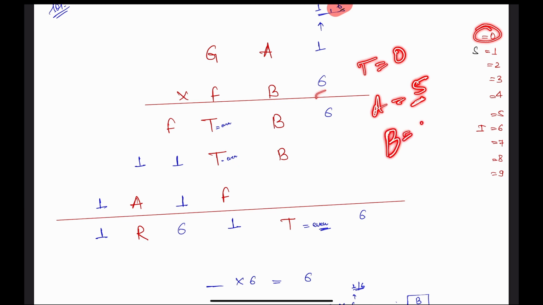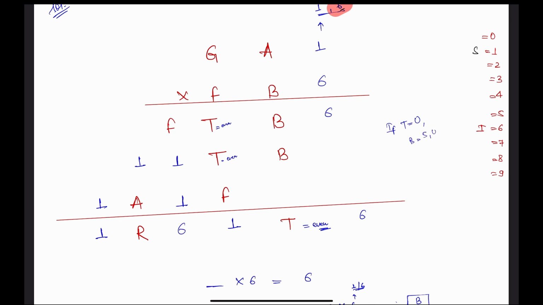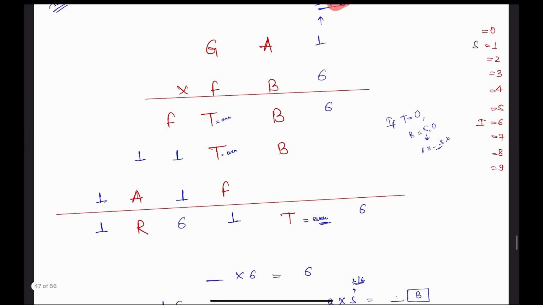B will be 0 also, right? If T equal to 0, then again either B needs to be 5 or 0. So 0 is not possible, so B needs to be 5. If B needs to be 5, is it possible that 6 times anything will come with 5 as the last digit? No, it's not possible. So this is also not possible.